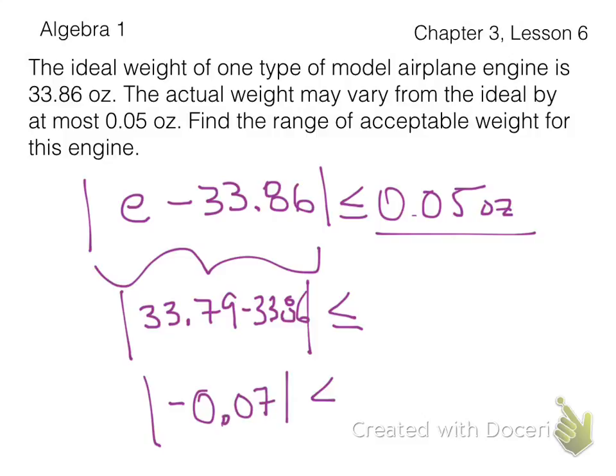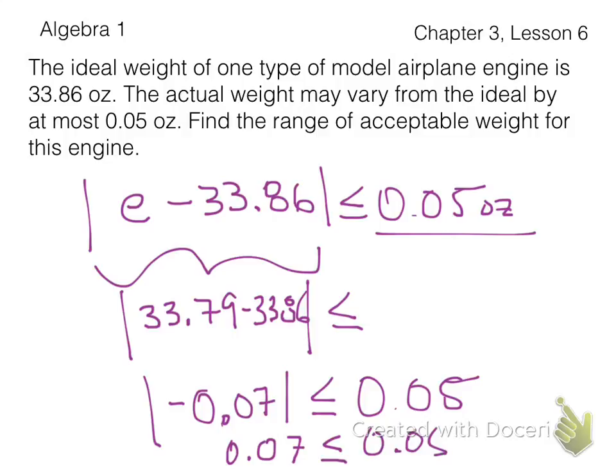Well, the absolute value of that is 0.07, which is not less than that. So the engine, false. The weight here is too small. It doesn't fit into our range. So that would be a false one, and I'm sure you could come up with examples where they're true.